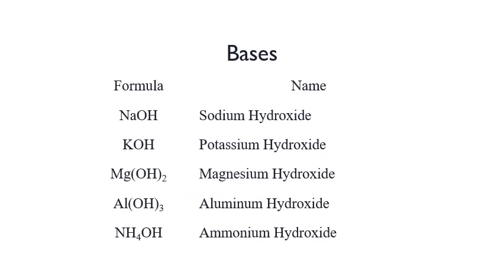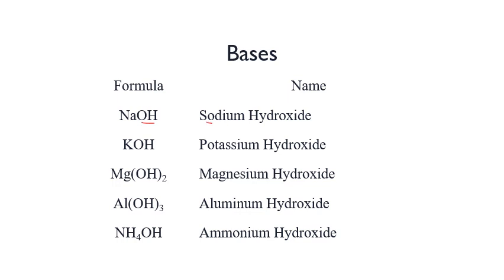OUS acid. For naming bases, what we have to do is we just name the first element, that's a metal, and then add the polyatomic ion name, which is hydroxide. So for example, NaOH, how can we name that one? Na is sodium and OH is hydroxide.